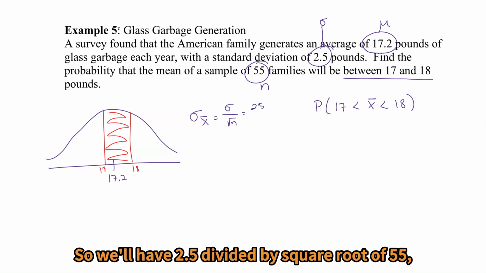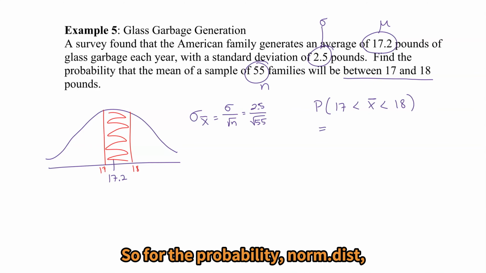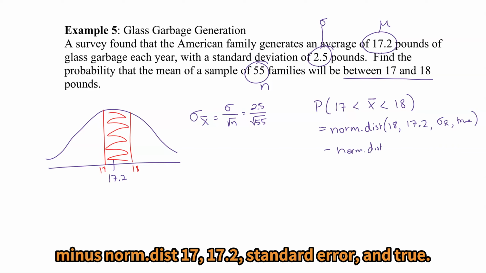So we'll have 2.5 divided by square root of 55. And I'm going to make Excel calculate that for me. So for the probability, norm.dist, 18, our mean, our standard error, and true, minus norm.dist, 17, 17.2, standard error, and true.